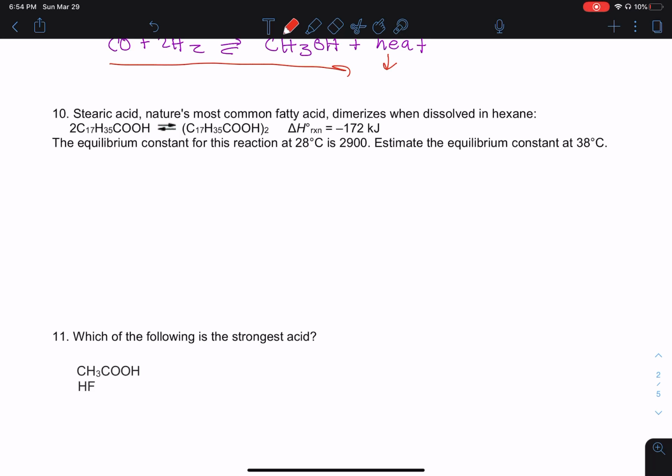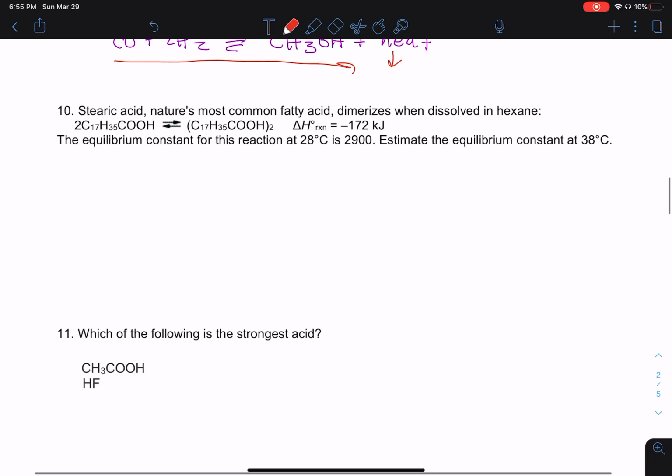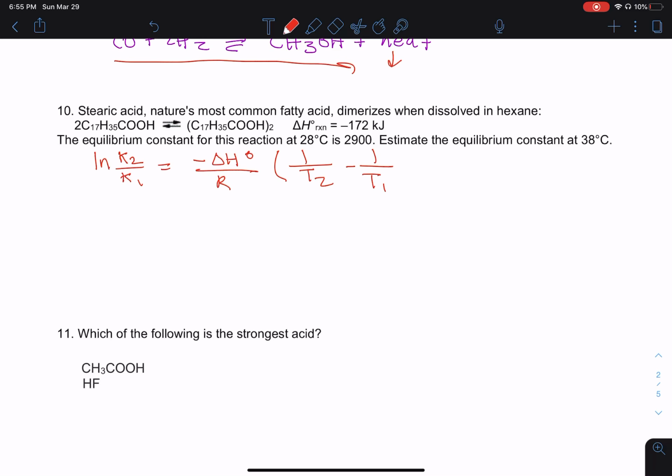And it also gives us the delta H. So there is another equation for this kind of question, and that is ln K2 over K1 is equal to negative delta H over R, multiplied by T2 minus T1.